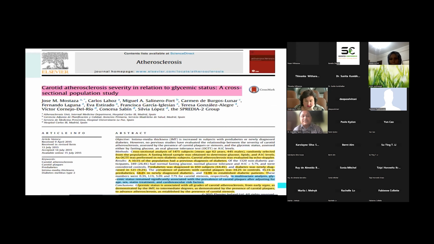However, another study showed carotid atherosclerosis severity in relationship to glycemic status, a cross-sectional population study. It was a large study, with more than 1,000 subjects included, and they concluded that glycemic status is significantly associated with carotid artery stenosis.